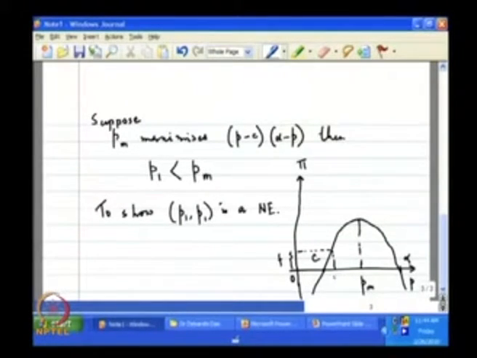and what is the significance of F is that it tells us what is that level of price at which the profit earned by a firm is just equal to 0.